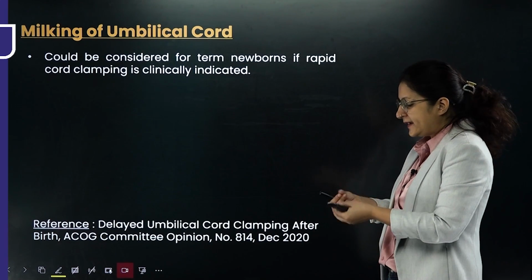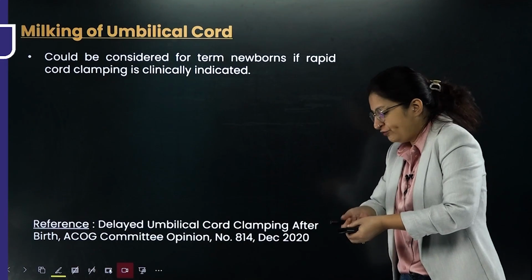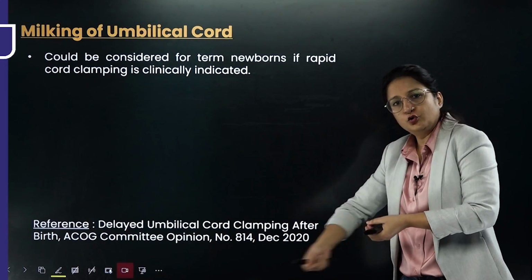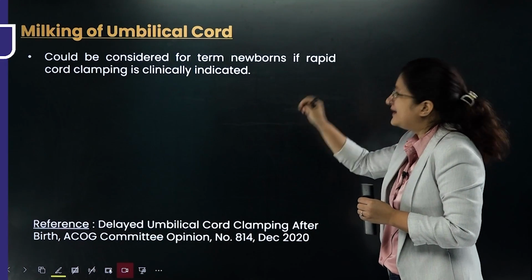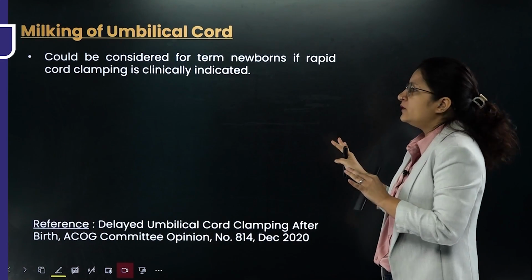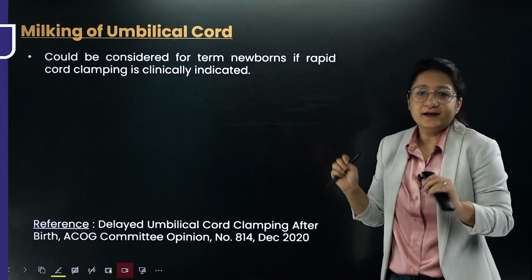Okay. Now let's talk about milking of the umbilical cord. Milking is squeezing of the umbilical cord to facilitate placental transfusion towards the newborn. This could only be considered for term newborns in case rapid cord clamping is clinically indicated.